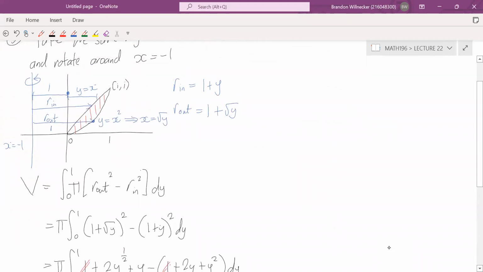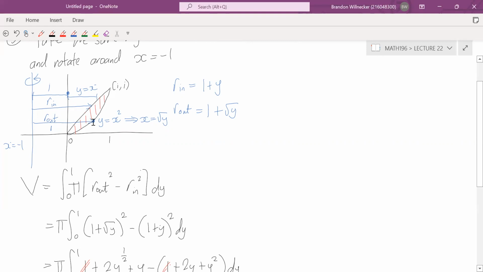Just remember, if we move the axis around, we still need to calculate the radii from the axis to the curve. So here, r in is the distance from the axis to the straight line. And the distance from the y-axis to the straight line has a distance x. But remember, we're working vertically, so we want the distance in terms of y. But y equals x, so the distance is y.